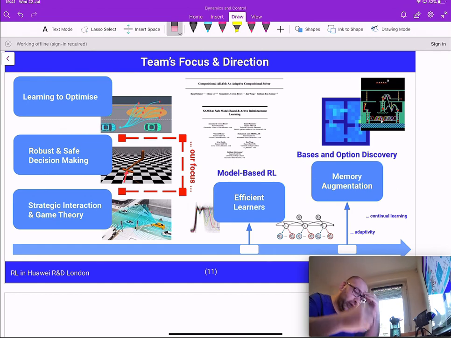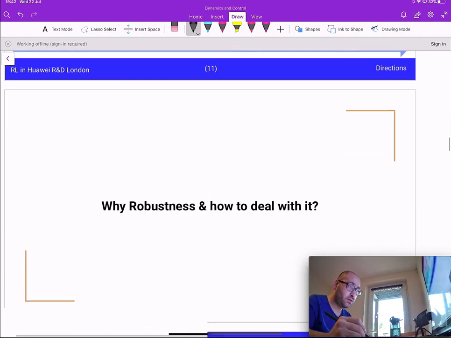SAMBA is actually an instantiation of model-based RL, but for safe scenarios. We also are looking into memory augmentation in order to learn options that allow us to do continual learning and adaptivity, in order to go to computer games. Out of all these, what we're going to be discussing today is just a subset of this, which is about robustness. All right, good.